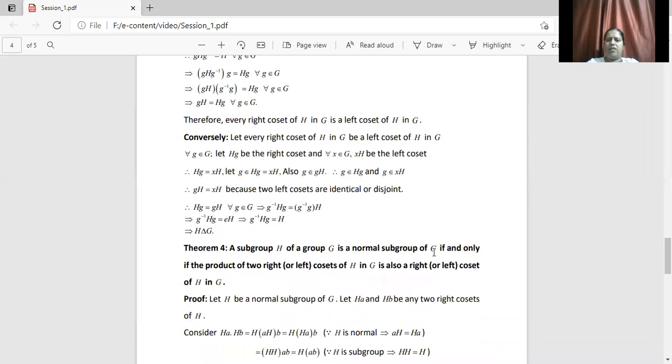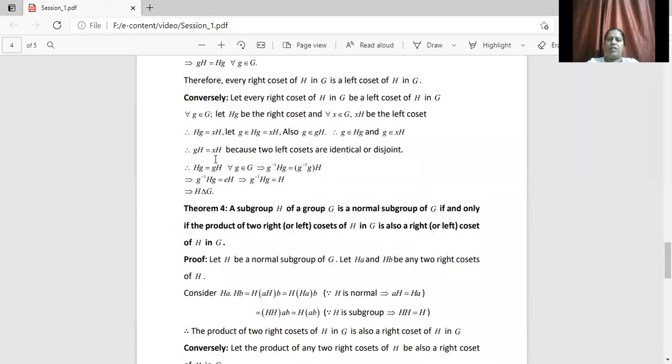Then conversely, let every right coset of H in G be a left coset of H in G. That means we have gH equal to Hg. Then we will prove that H is a normal subgroup of G. For every g in G, let Hg be the right coset, and for all x belongs to G, xH be the left coset.